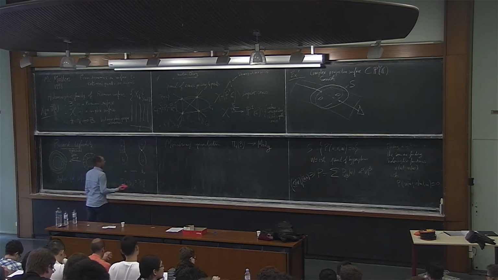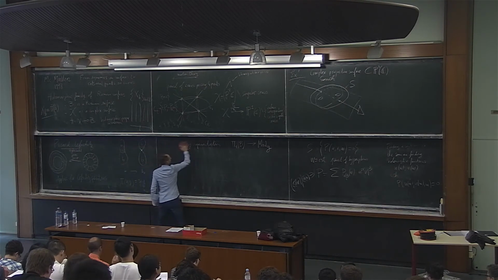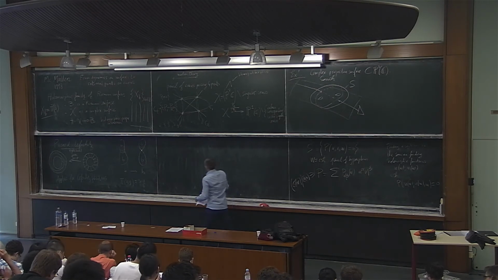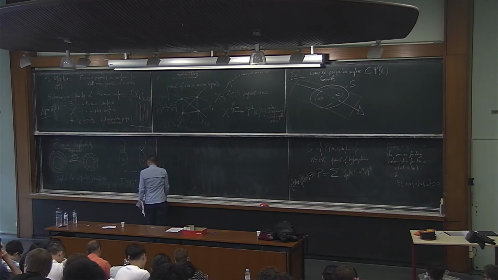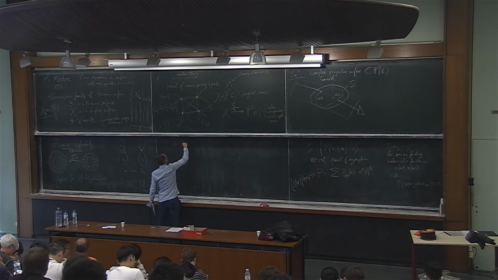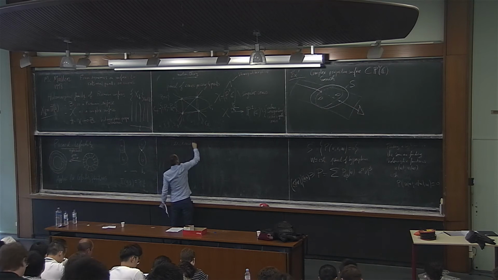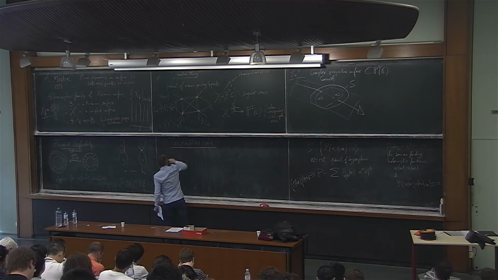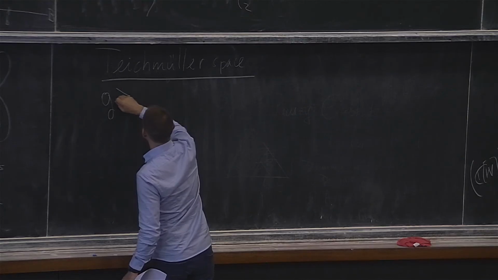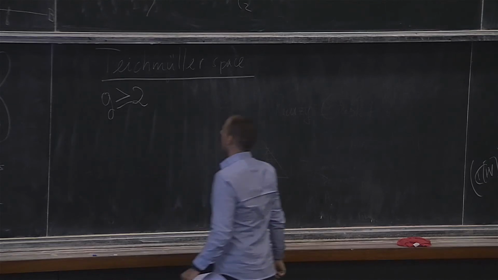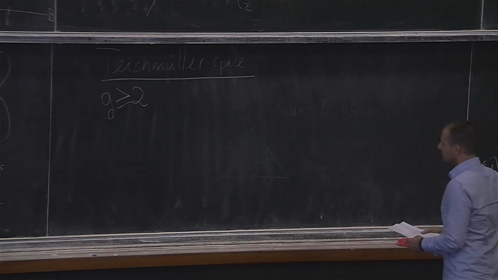So let me just define Teichmüller space and review some properties of these spaces. I'm going to fix a genus G, which is going to be at least 2 most of the time.